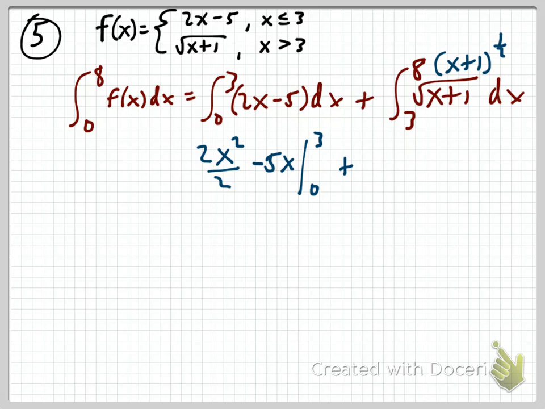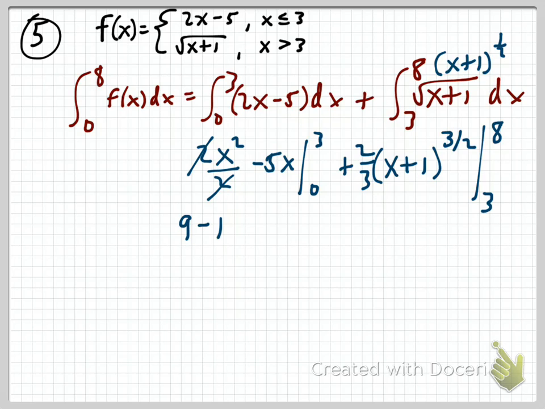Okay, so we've got x plus 1 to the 1/2. So we're going to add 1 to that exponent. Hope this works out well. We have x plus 1 to the 3/2 divided by 3/2 or multiplied by 2/3, and we're going to evaluate that from 3 to 8. Okay, and so those 2's are going to cancel, we get 9, so we get 9 minus 15.